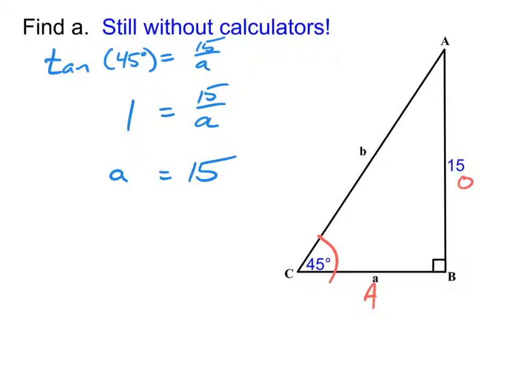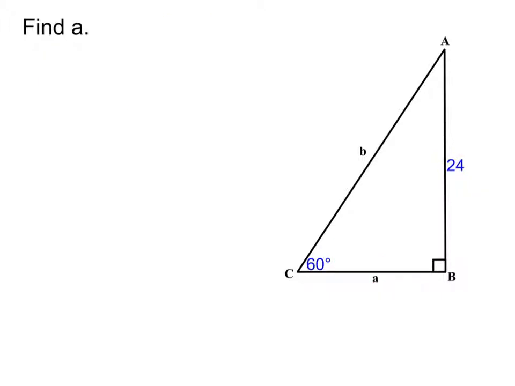Which means that this leg must be the same length as this leg, and so you might have just been able to look at it and know, oh, it's got to be the same, so it's got to be 15. And that would also work there. But that only works conveniently enough for this one, really. Some of them not quite as conveniently, like this one.